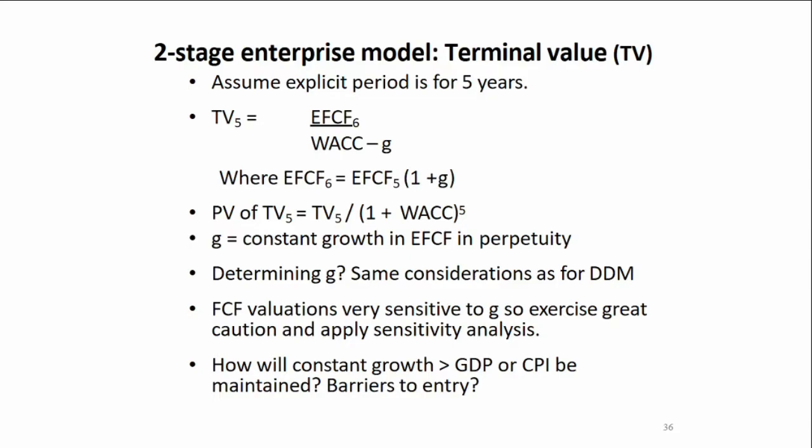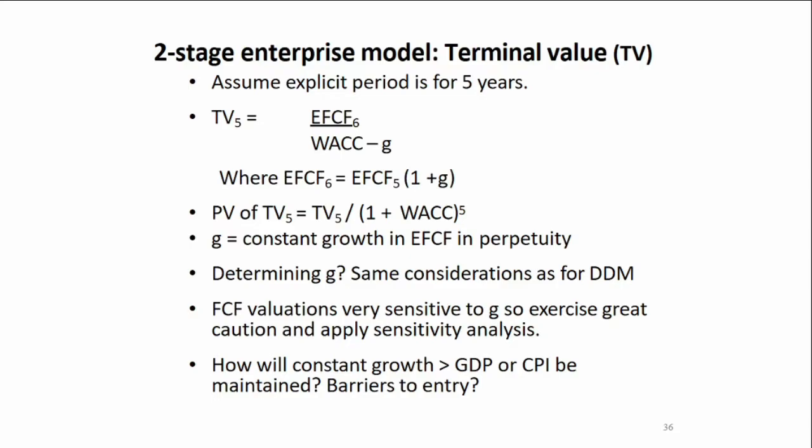But at the end of this 5-year period, the growth rate will be constant. At this point, we can calculate the terminal value. So the terminal value at the end of period 5 will be calculated by taking the enterprise free cash flows for period 6 divided by WACC, being your weighted average cost of capital, minus G.